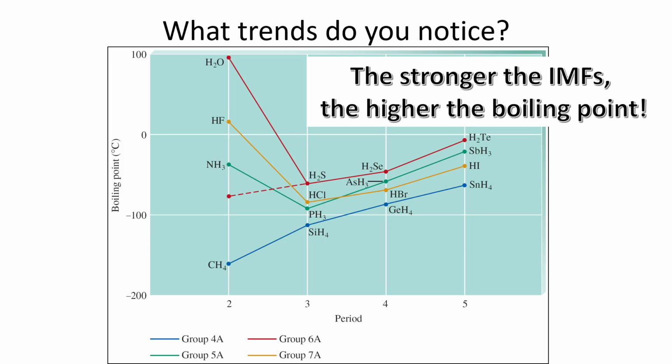If we look at period 2, carbon is less electronegative than nitrogen, which is less electronegative than oxygen. But fluorine is actually more electronegative than oxygen. So what happened there? You have to look at bond strength and also the structure of water.